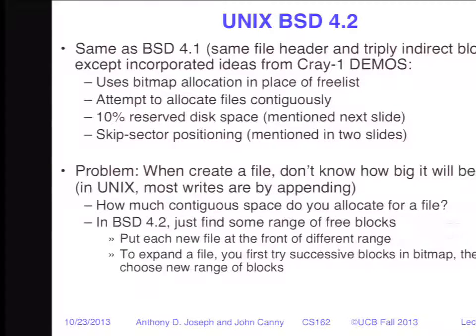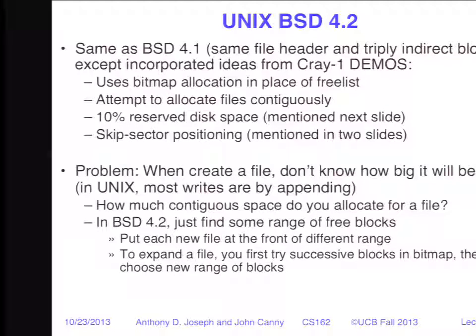So the solution that they came up with was just to find a range of free blocks, which again is really easy in the bitmap because I just scan through the bitmap looking for a run of zeros. As soon as I find a run of zeros, I turn around and allocate my file at the beginning of a range of free blocks. Now the file can grow, and those blocks that are allocated are going to be contiguous.